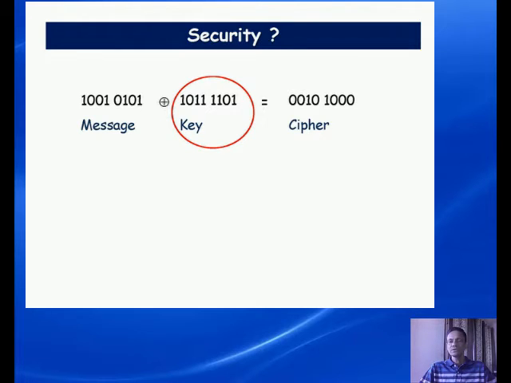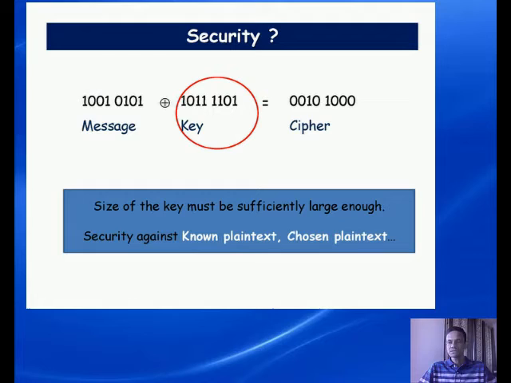Why? One potential threat is that if a person knows both message and cipher, then he or she can calculate the key, because message and cipher XOR will give back the key. Now if the key is known, then everything is known. So that person can perform encryption and decryption.